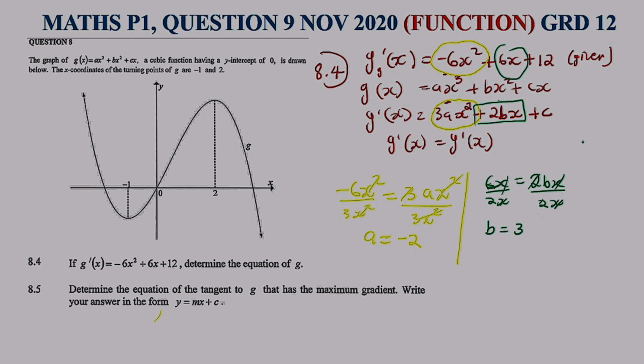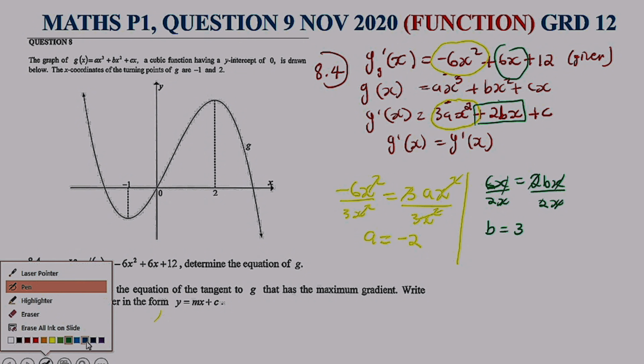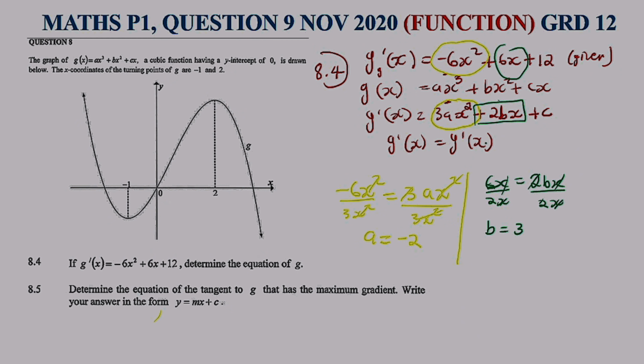Great stuff. Now on this side as well, we're left with one term. So it's going to be 12 equals c. In this instance, c is going to be equal to 12.